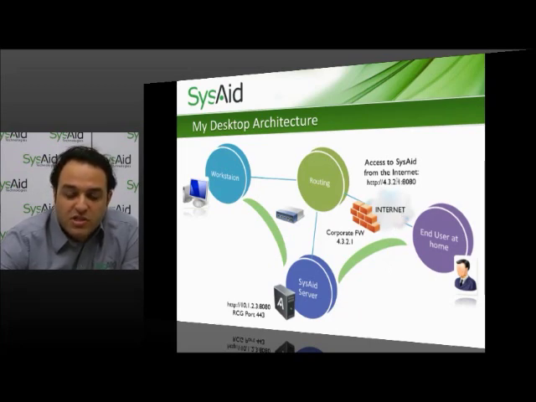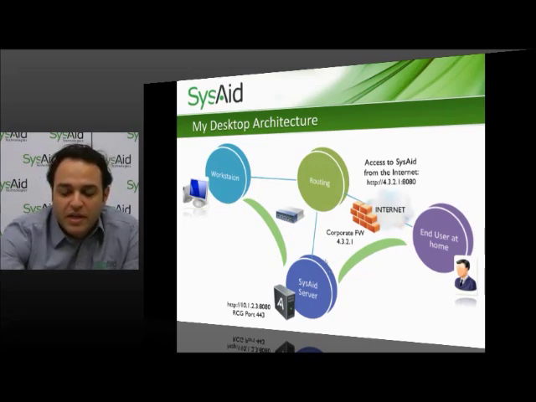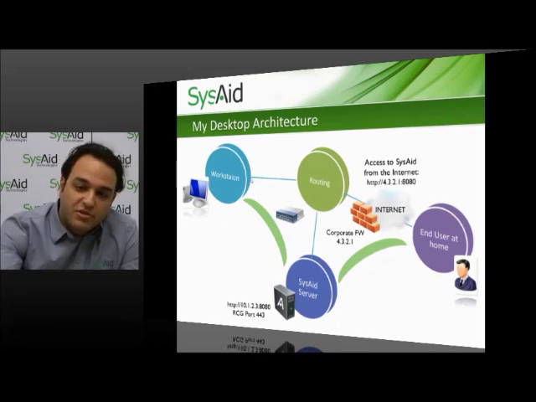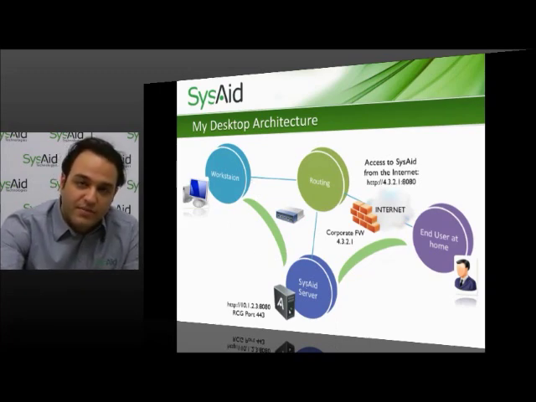The end user can just go to your SysAid server URL and log into the end user portal. From the end user portal, they can actually initiate the My Desktop session. At that point, the server will make a connection with the workstation, or better yet, it will request the workstation to make the connection back to the server to start the My Desktop session.